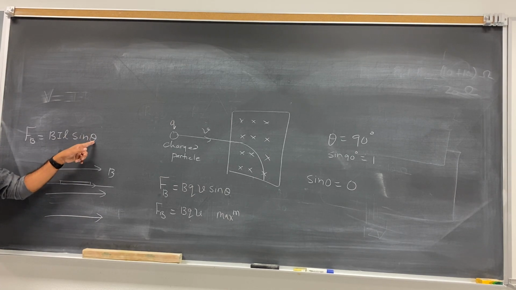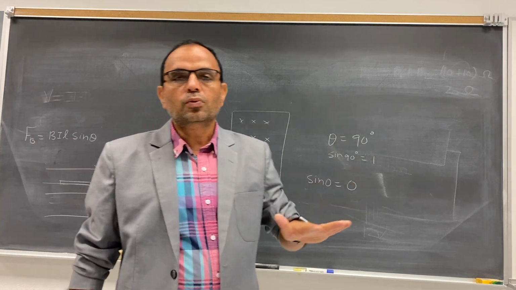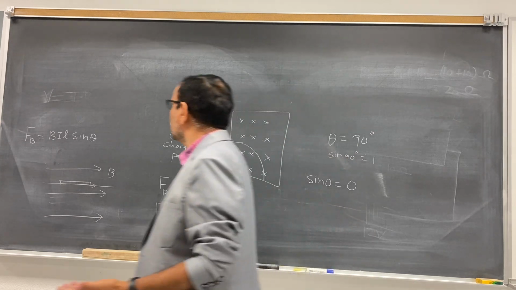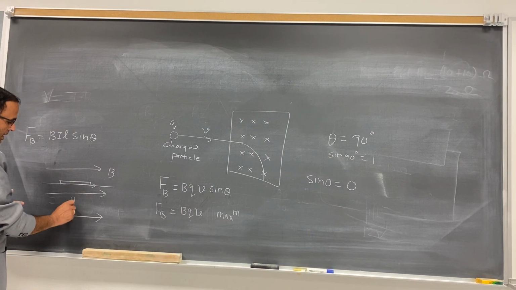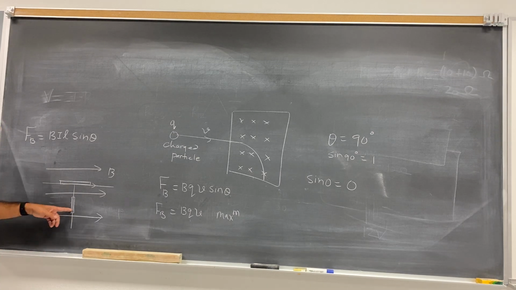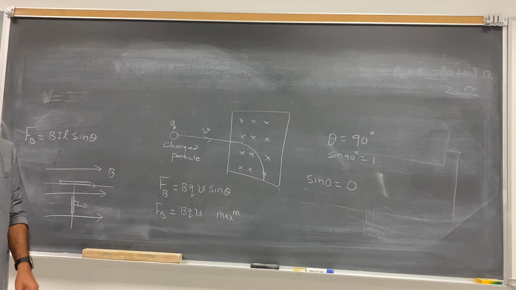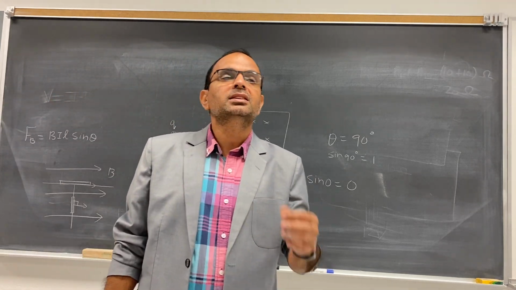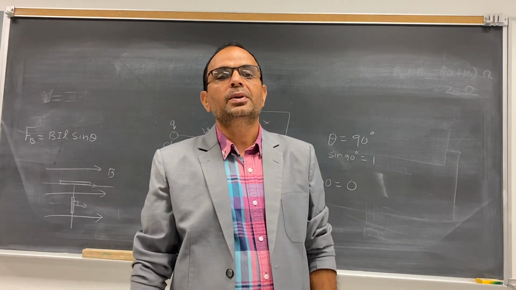That means theta equal to 0. If the rod is sitting parallel to the magnetic field, no force, because theta equal to 0 and sine 0 is again 0. But if this rod is perpendicular like this, and current is of course passing through this rod, this angle is 90 degree. So in this case, sine 90 degree is 1.